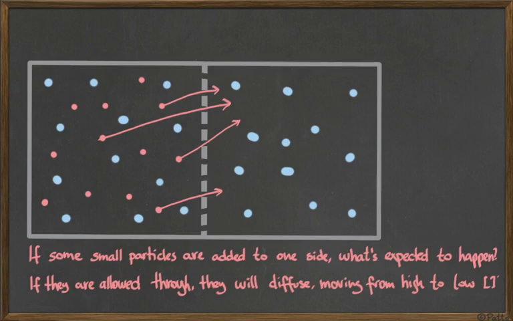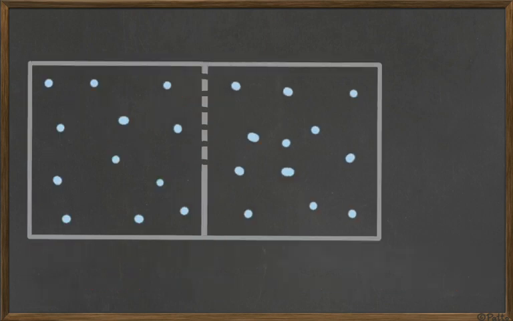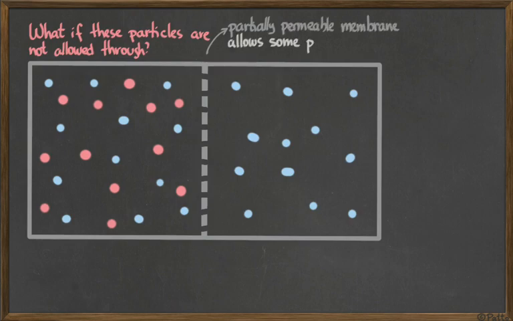However, now I will complicate it a little bit more, and now we're going to be talking about osmosis. What happens if we have a partially permeable membrane, we have a solvent that is allowed to move through, but we have solutes, the particles, that are not allowed through? As a result, with this partially permeable membrane, I am going to have the solvent moving around.